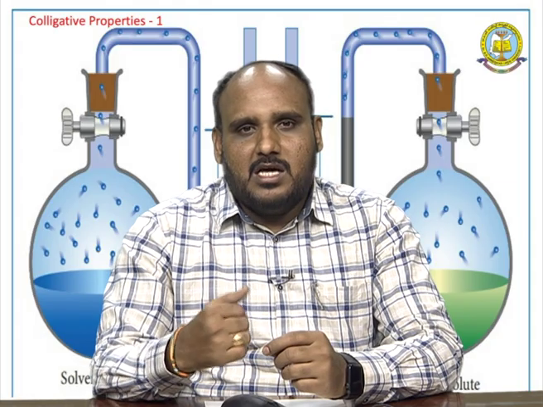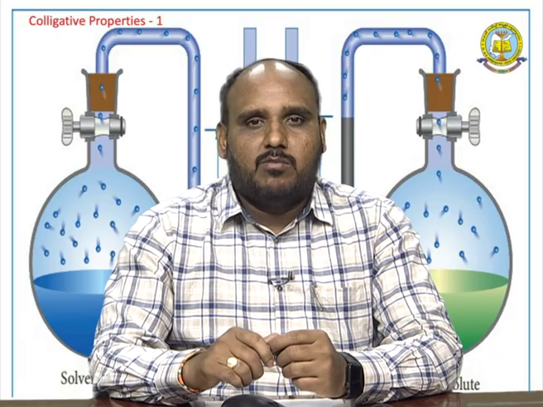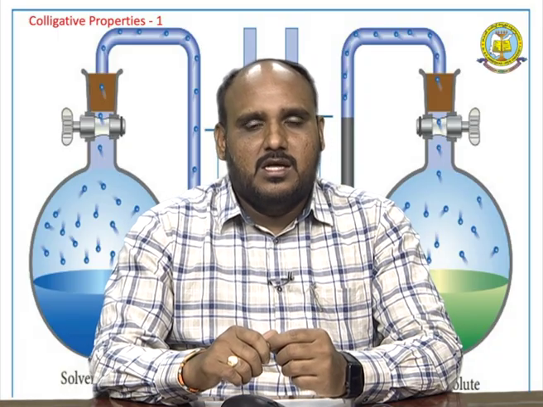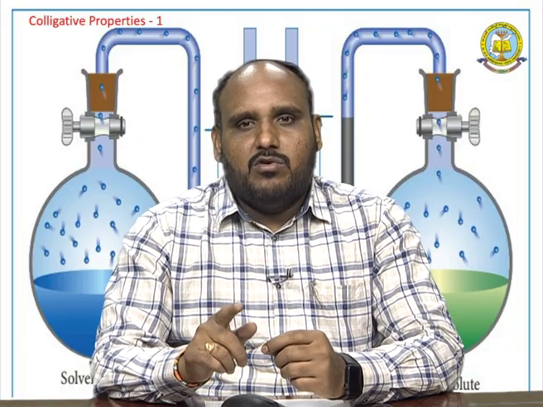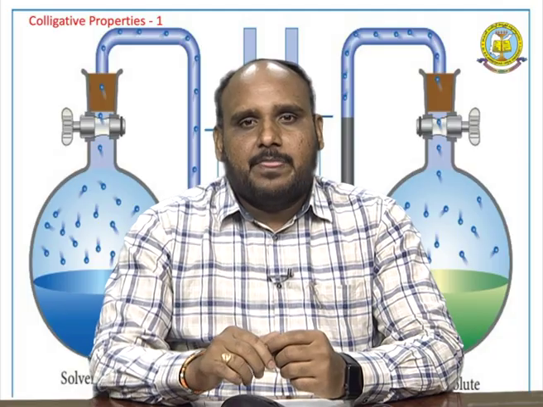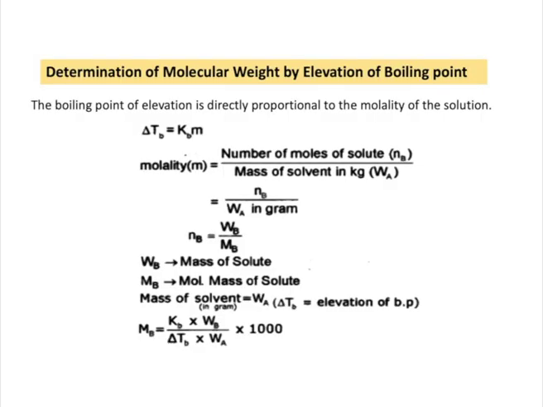So, Kb is the ebullioscopic constant which can be applied for elevation of boiling point of liquid solutions. Then here molality m is equal to the number of moles of solute divided by the mass of solvent in kgs, that is denoted with Nb by Wa in grams.